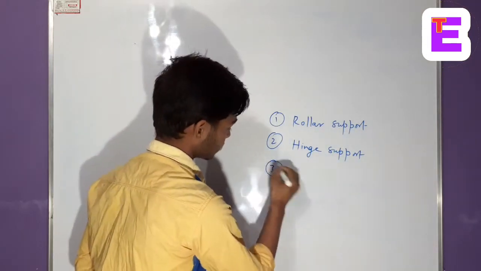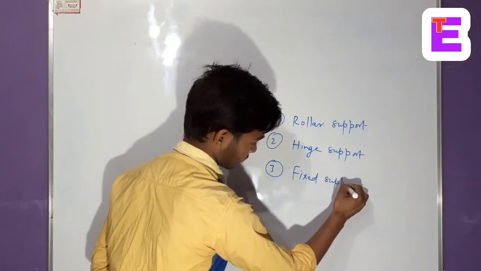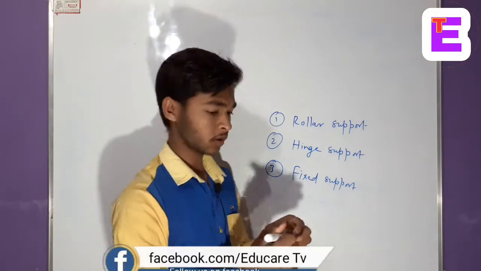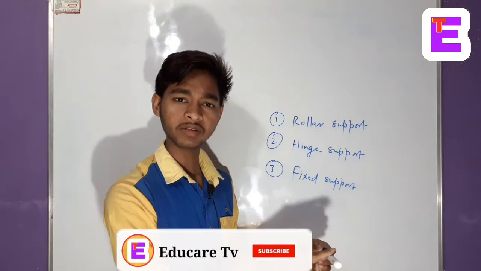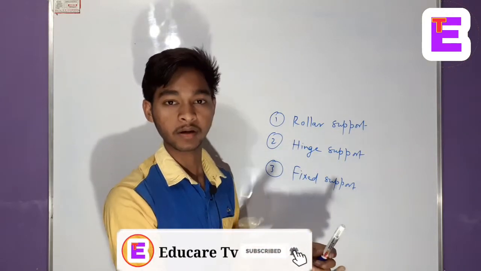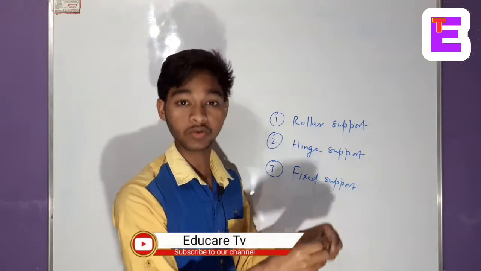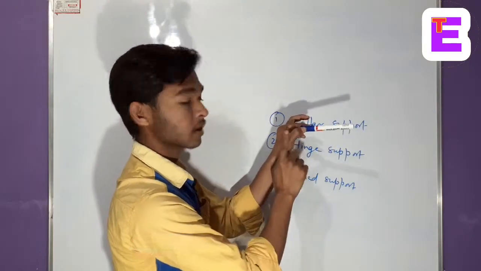Third one is fixed support. It doesn't allow any kind of movement as well as the rotation. So it will apply the force in the x direction as well as the y direction, and the moment about the z direction, because it will oppose the rotation also. If we try to rotate this, it will not allow it.